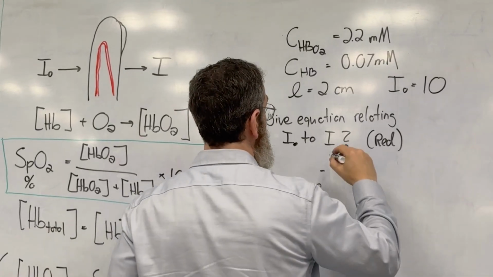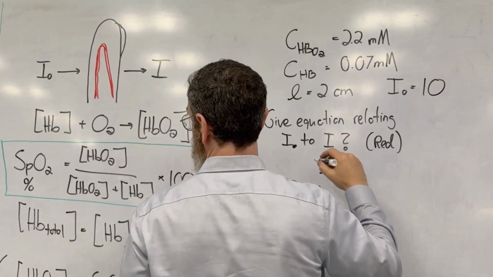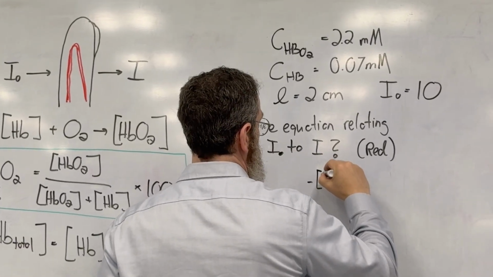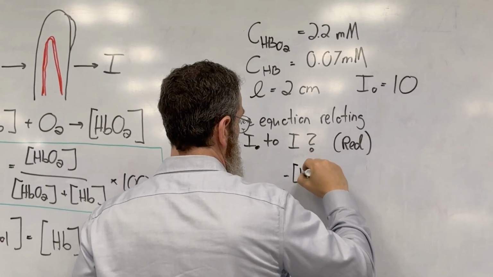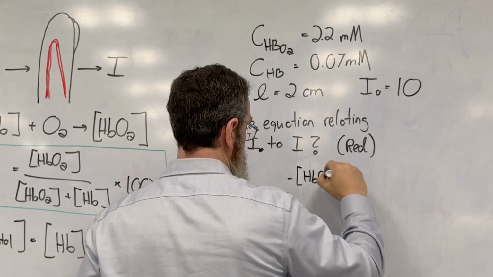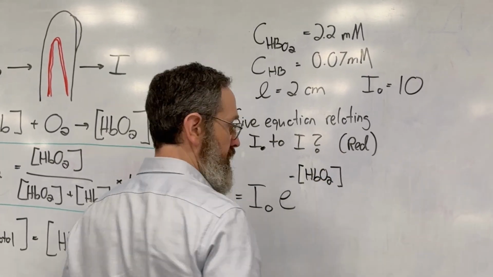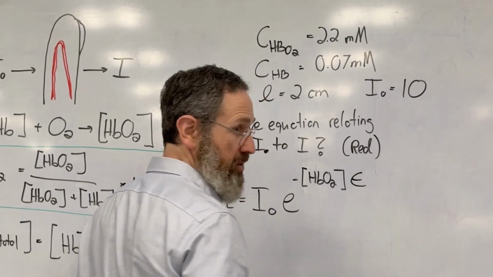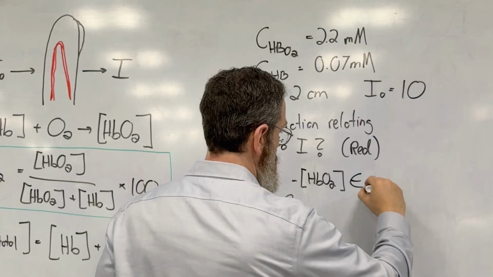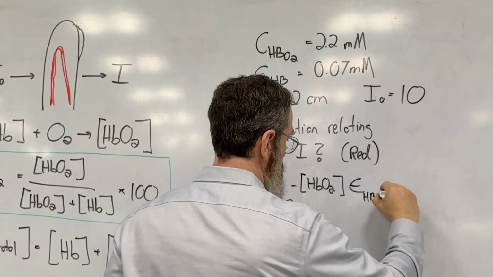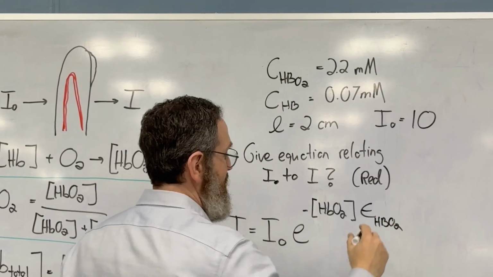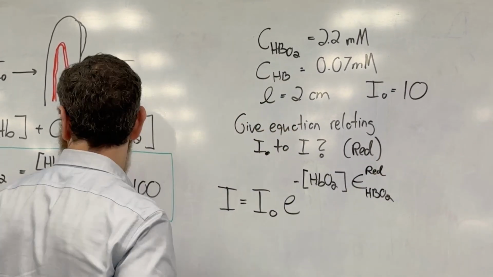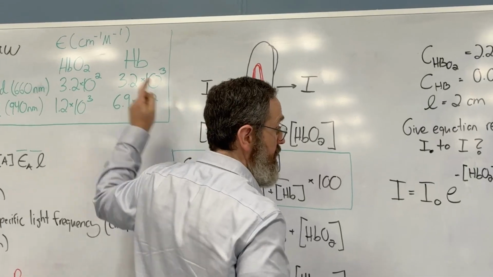Minus, we're going to take the first concentration. Let's do the concentration of oxyhemoglobin, right? We're going to multiply that by the extinction coefficient of oxyhemoglobin at red, right?